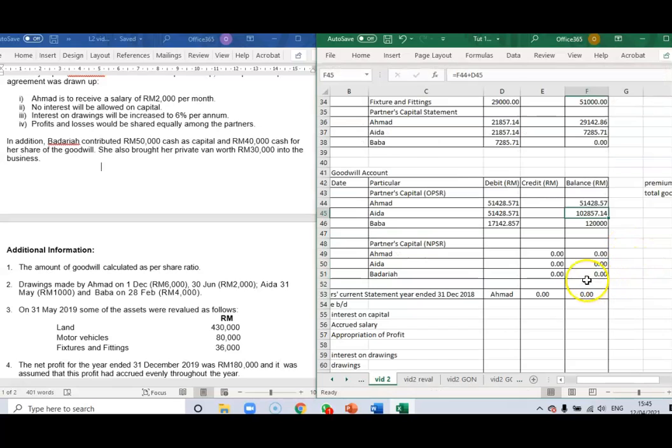Okay, these two should be 2 decimal point, and the total goodwill should be shared among the new partners. Okay, so again is 120,000. Oops, forgot. Closing, multiply with 1/3.